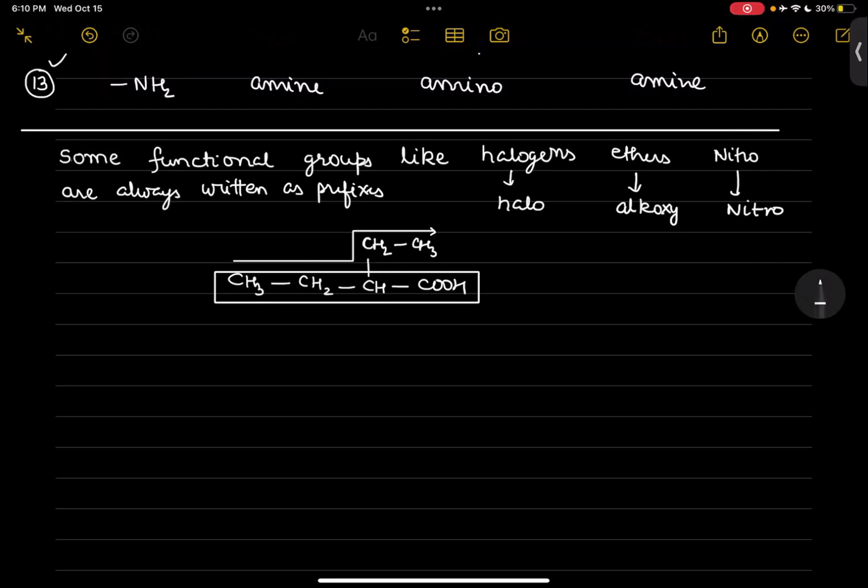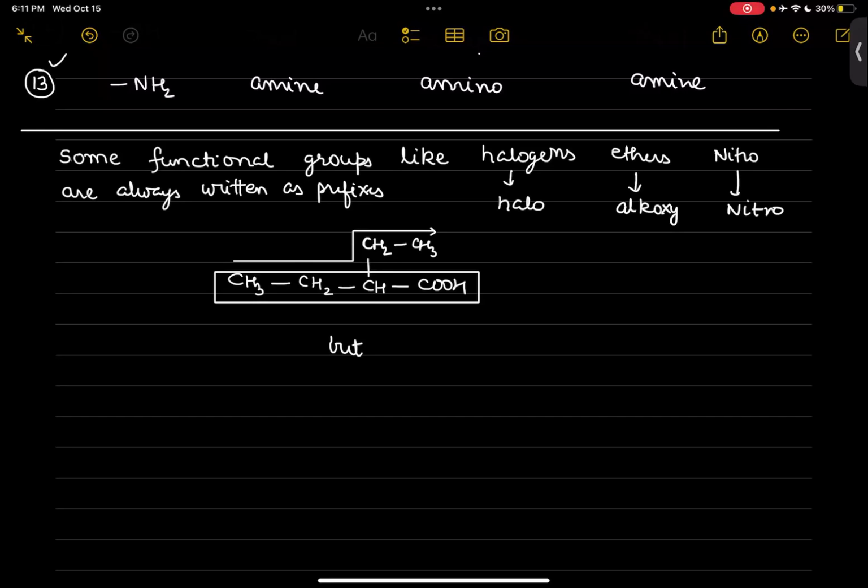The word root is the number of carbon atoms in the parent chain. Got it?